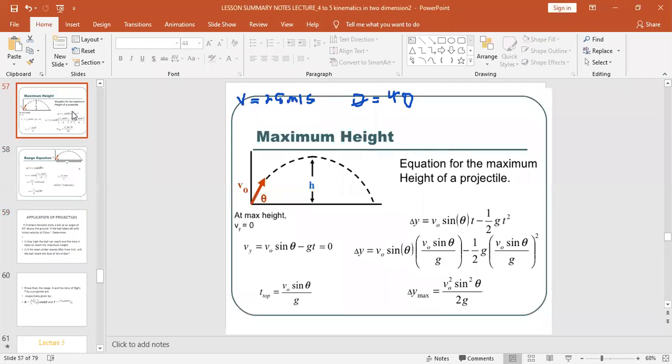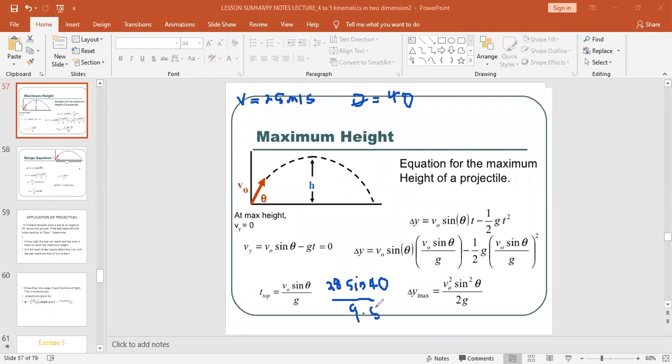For time to maximum height, that is going to be V naught sine theta over g, so 25 times sine of 40 degrees over 9.8.